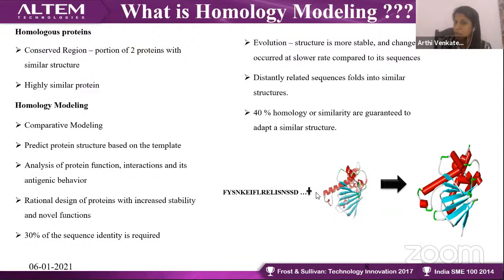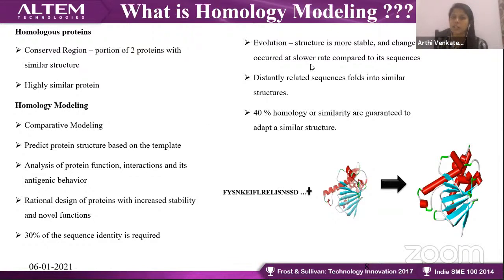What is a template sequence? You need to search for this template sequence through RCSB or any other database. If you find the template sequence, you can easily model your structure. This is your performed homology modeling. Here this is your target sequence. And once you have your target sequence, you will be predicting your protein structure.